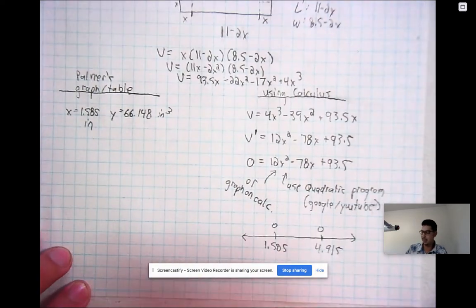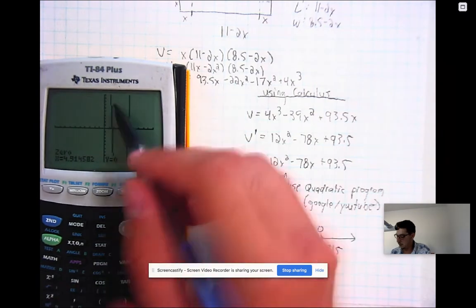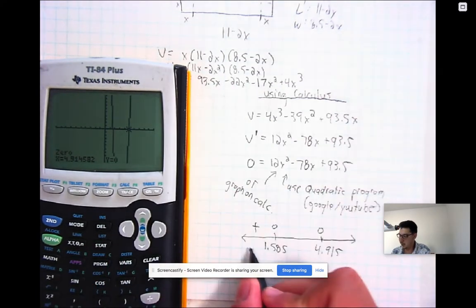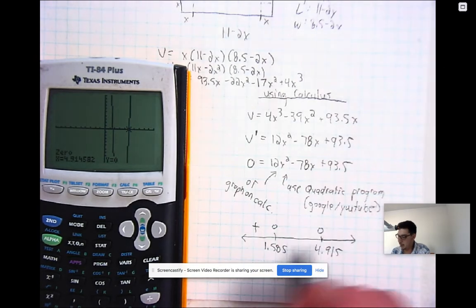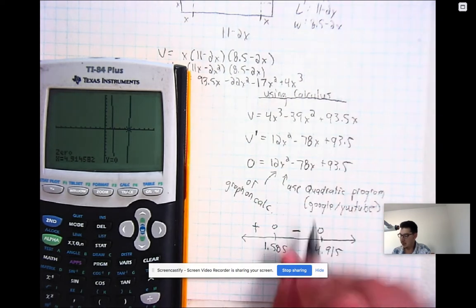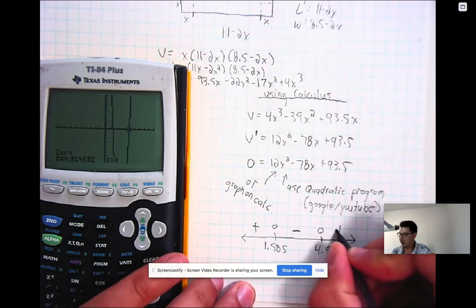Then if we look at the intervals, we can see that before 1.585 it's positive. If you plugged in a number before, such as 0, that would make the other terms go away and we're left with a positive number. A number in between here, the function is negative, or you can plug in 2 and get a negative answer. And a number afterwards is positive.